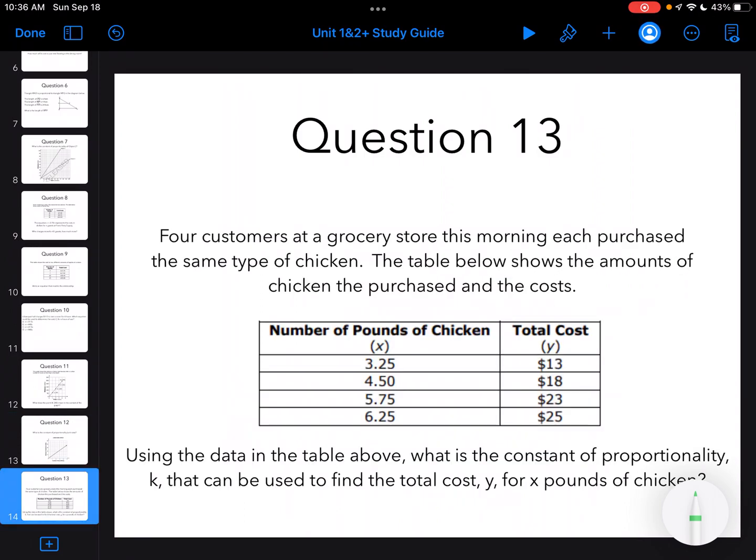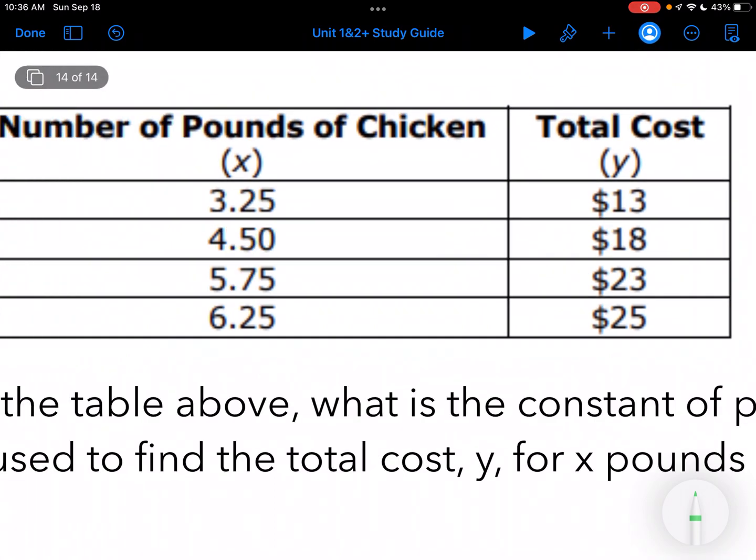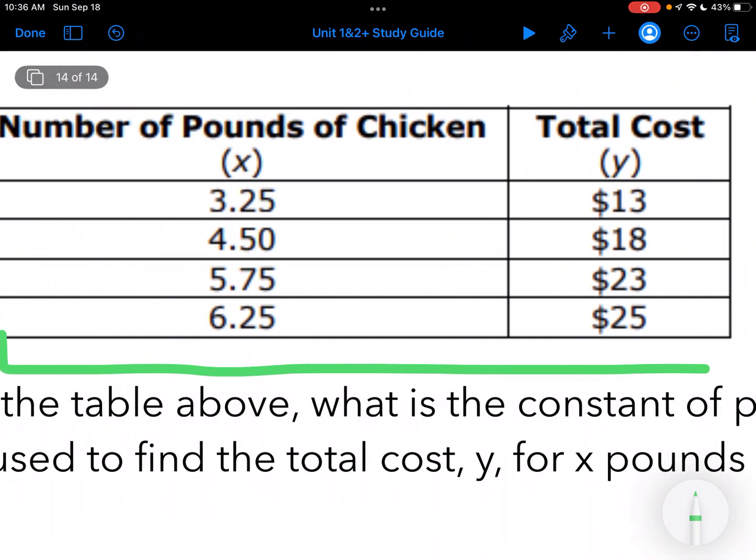Last one. 4 customers at a grocery store this morning each purchased the same type of chicken. The table shows the amounts of chicken they purchased and the costs. Using the data in the table above, what is the constant of proportionality? So that just means the unit rate, K, which is just the unit rate that can be used to find the total cost for X pounds of chicken. So I know I'm looking for 1, so I'm going to add a row and put a 1 there.